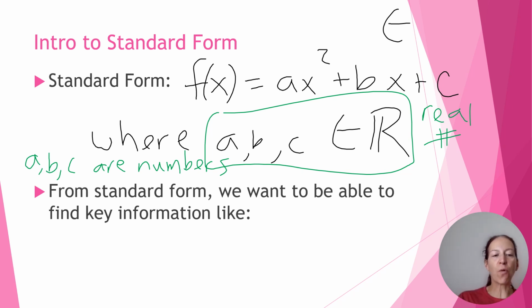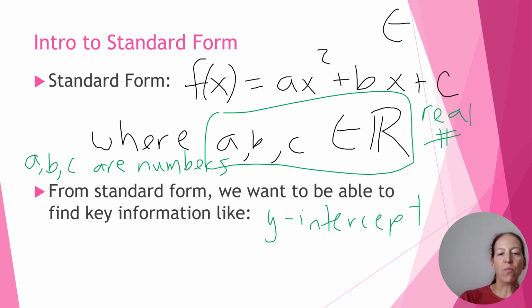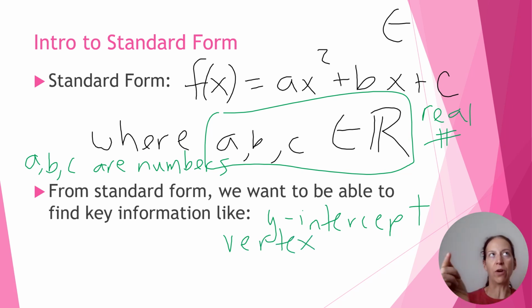Now, from standard form, we want to be able to locate key information. Typically the y-intercept, although we're not going to focus on that today. We also want to be able to find the vertex from that form. Now you might be thinking, well, on the last lesson, you said that we would use vertex form to find the vertex. Well, this is true.